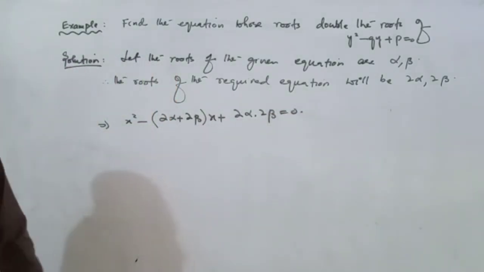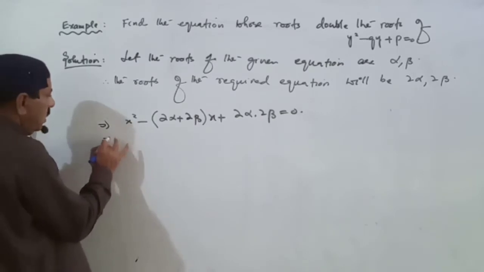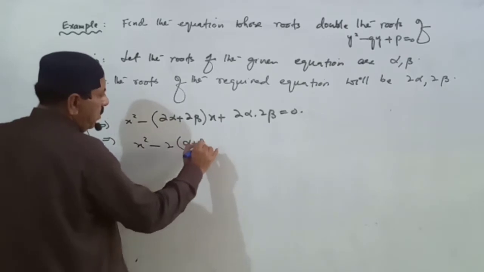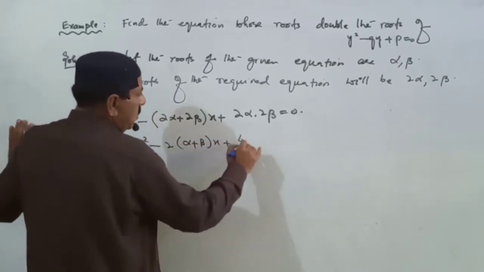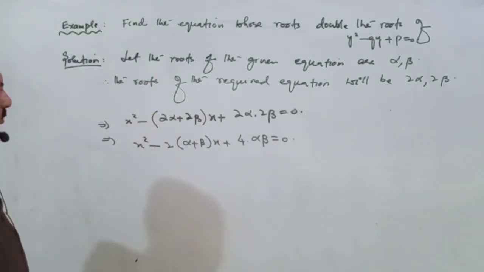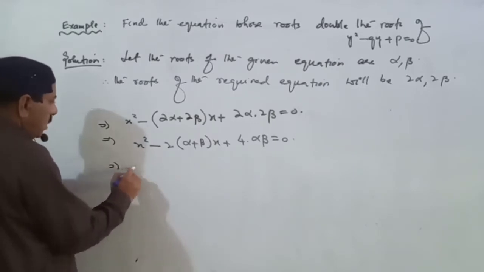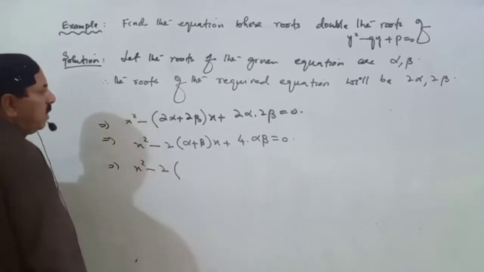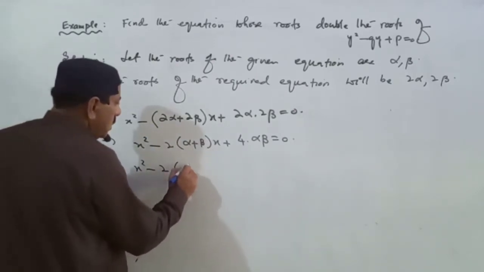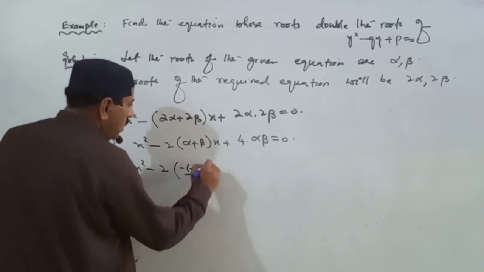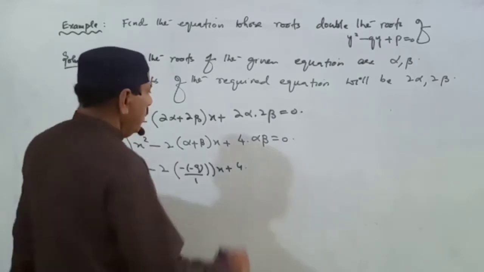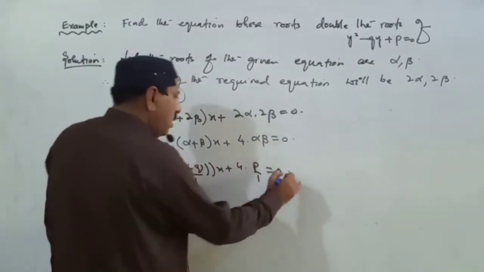This is the equation when the roots are given. So here x square minus 2 is common, alpha plus beta x plus 2 into 2, 4 alpha beta is equal to 0. So here x square minus 2 sum of the roots, minus b upon a means minus q upon 1, x plus 4 into product of roots, c upon a, p upon 1, is equal to 0.